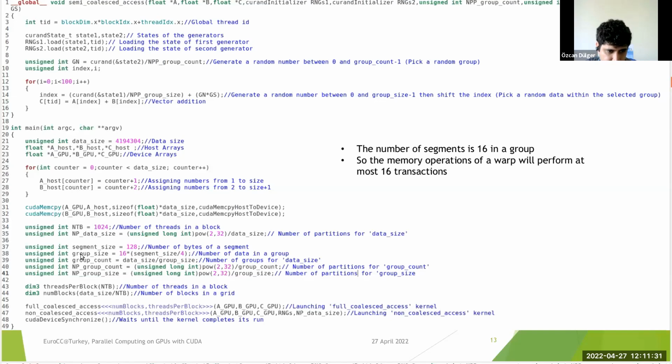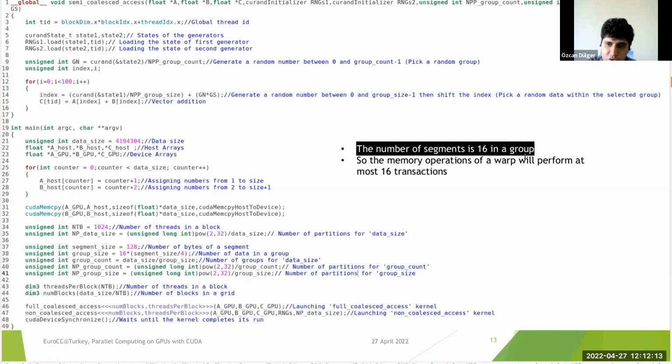So we can define the group size. Segment size is 128 bytes, don't forget. And we can set the group size. Group size is the number of elements in a group. A group count is the number of groups in our approach. For example, in this example, the number of segments in the group is 16.